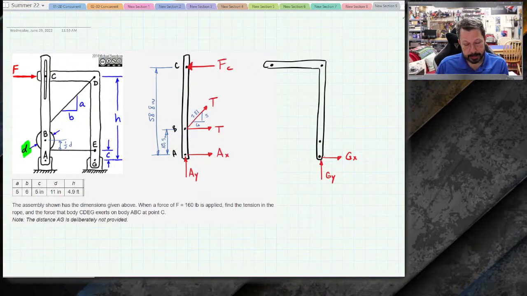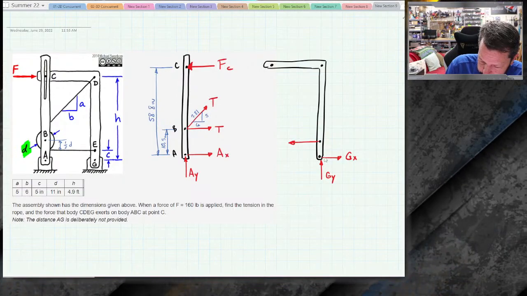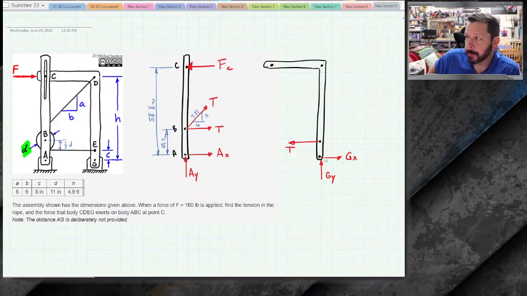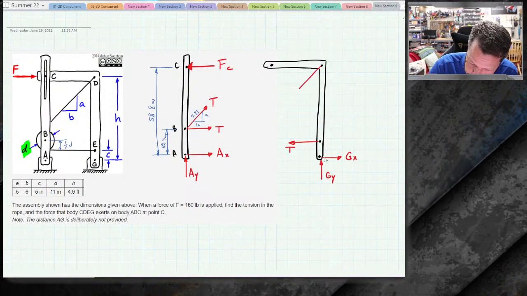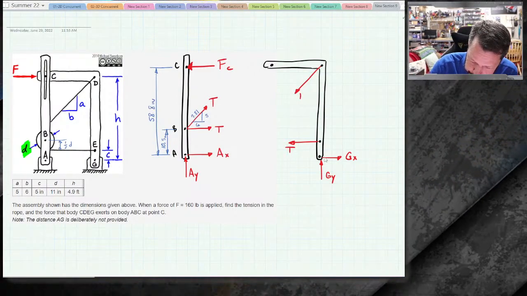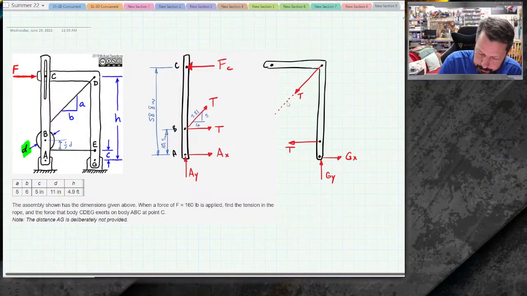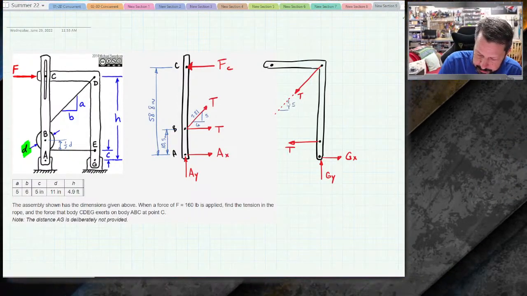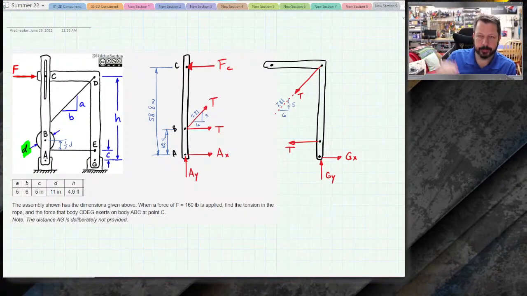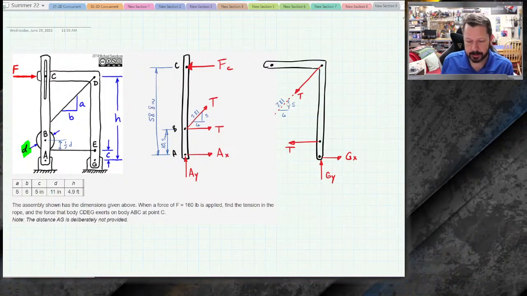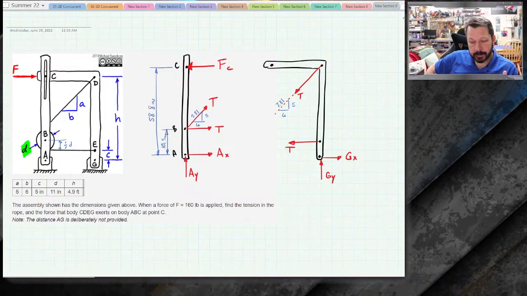E is the tension in the cable, so it's just going to do that. D is also the tension at the cable. It's going to do this, and it's going to have that same 5, 6, 7.81 triangle, just telling me the slope. C, now C I've already drawn.